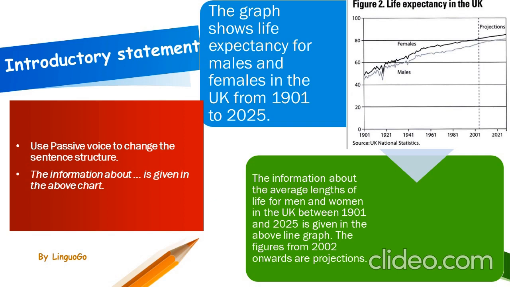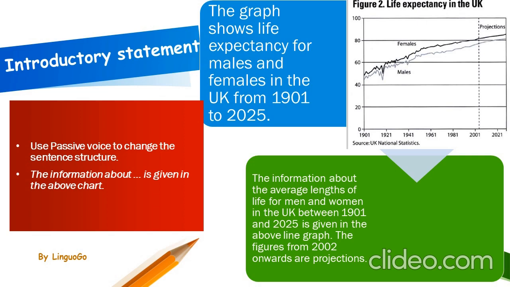And again, they stated the specific type of graph, which is line graph. And life expectancy, they changed to average length of life. So really good paraphrasing. With this kind of introductory statement, you can easily get above 7 mark.